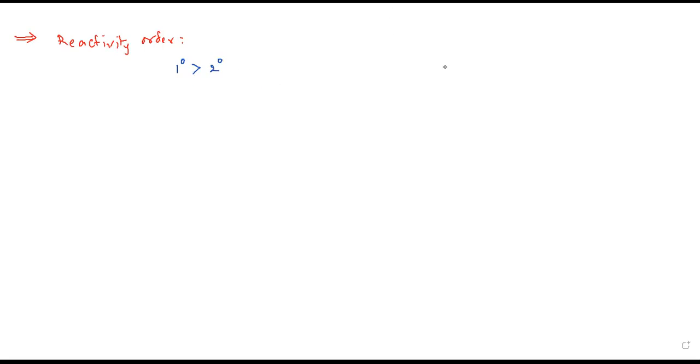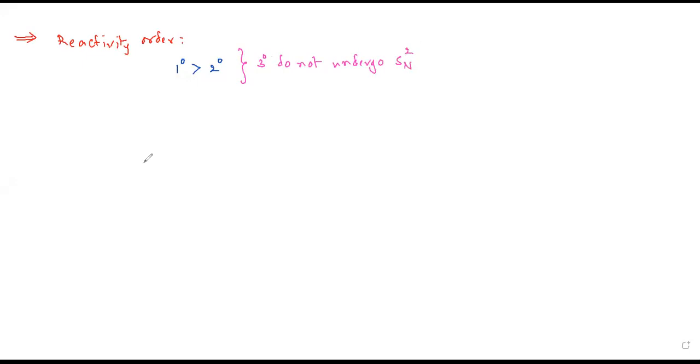Generally, we don't consider 3 degree. 3 degree are not considered because they are bulky or large. The nucleophile cannot approach them that easily. And remember here the substrate is bulky. Even though the nucleophile is not that bulky, it cannot approach a bulky substrate. So 3 degree do not undergo SN2.